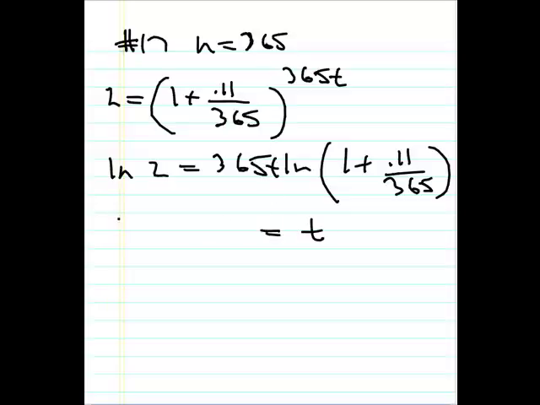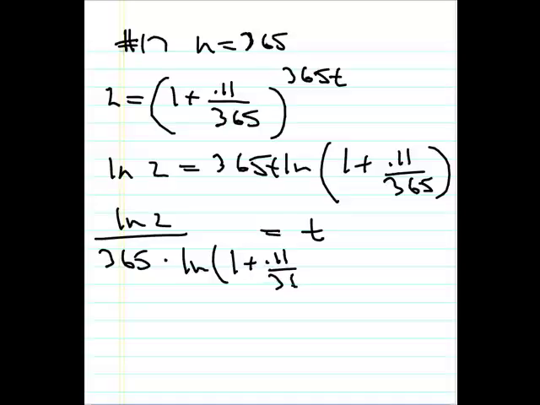So we have natural log of 2 divided by 365 times the log of 1 plus 0.11 over 365.